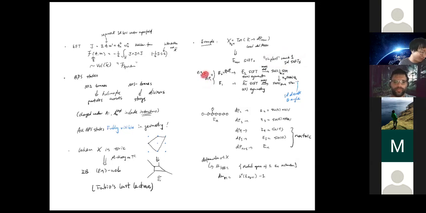So, for example, in the DP1 case, there's something funny with the terminology, because there are two possibilities. So I will just put a quotation mark here. One possibility is the F0 surface, which is essentially P1 times P1. In this case, the resulting SCFT engineered by this kind of singularity is the so-called E1 SCFT.